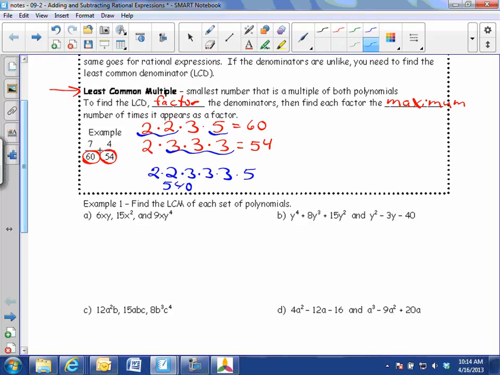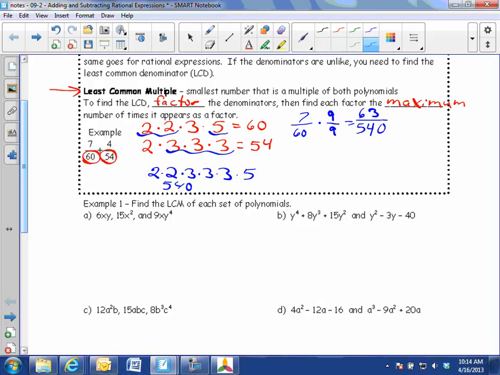Alright, so 540, this is our new denominator. What I would do is write it over here. We've got 7 over 60. We're going to take this times something to get 540 on the bottom. So 60 times what gets us 540? 9. So we're going to take it times 9 over 9. So 7 times 9 is 63.